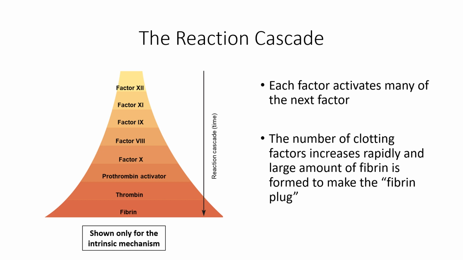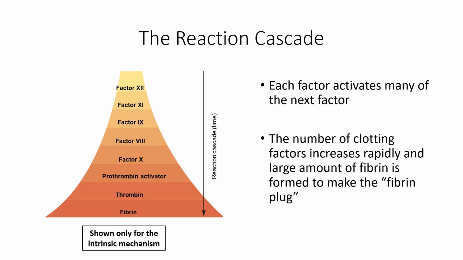And the larger number of factor 11 will activate an even larger number of the factor 9. The many factor 9 will then activate factor 8. And those factor 8 molecules that were activated will then activate factor 10.